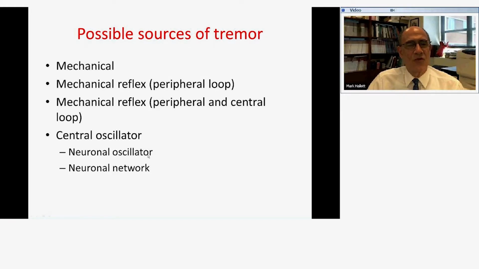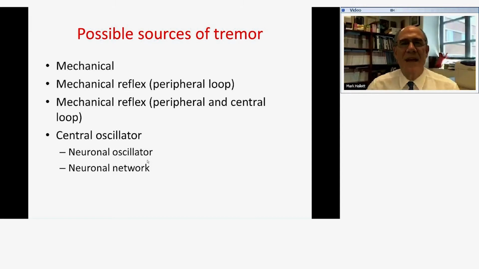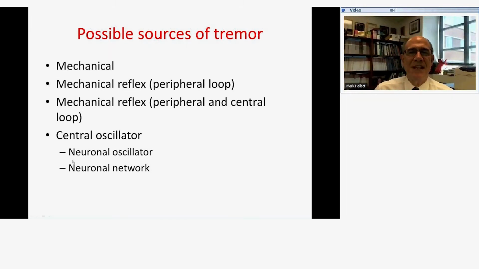It can be a neuronal oscillator, where perhaps cellular properties of a neuron have it firing rhythmically, or it can be a property of a neuronal network, a set of internal loops that can be active independent of the peripheral loop. This neuronal oscillator and neuronal network might actually operate together. It turns out, of course, that many networks that have oscillations have some neurons in them that have the capability of spontaneous activity themselves.